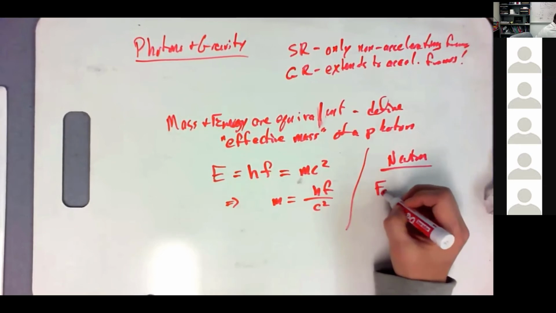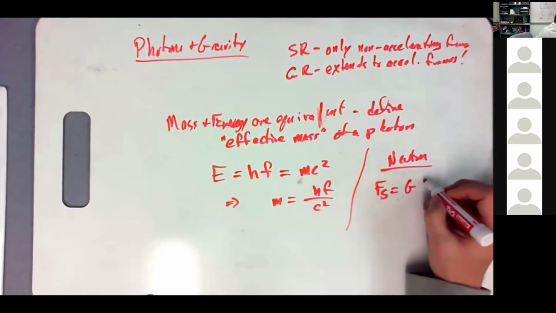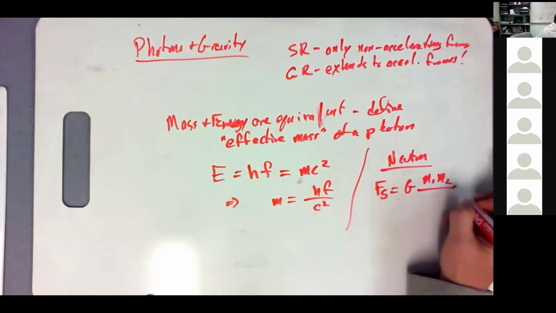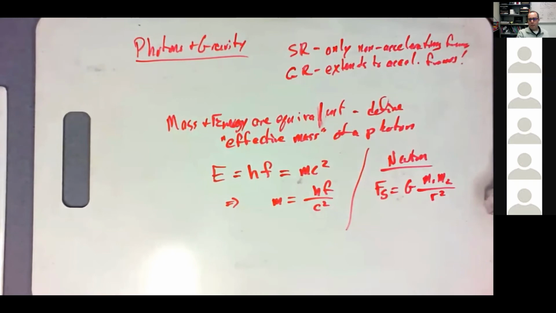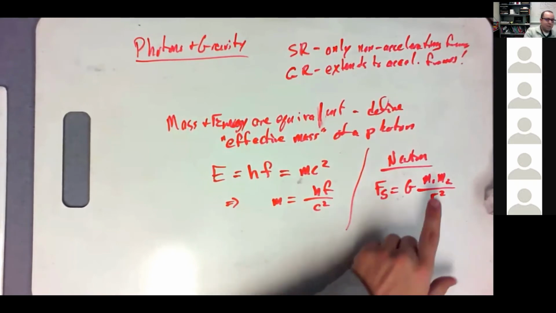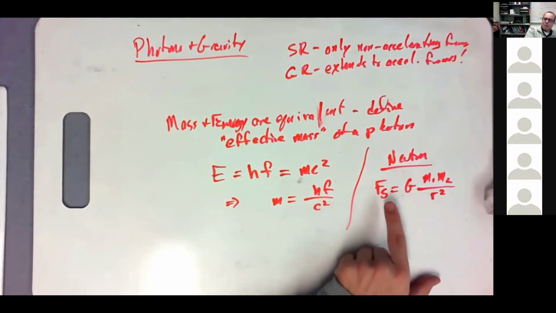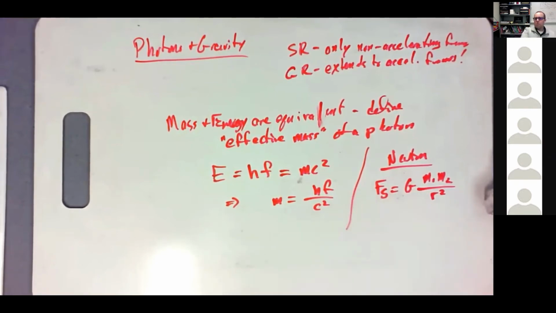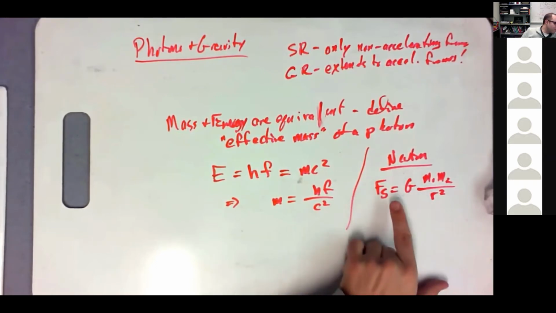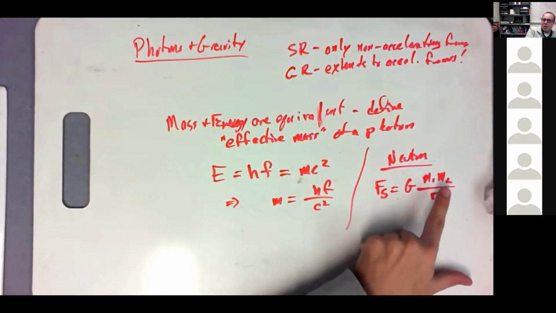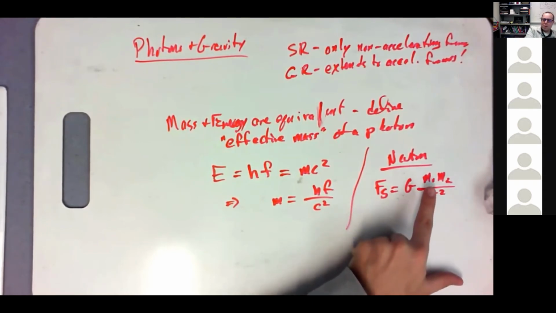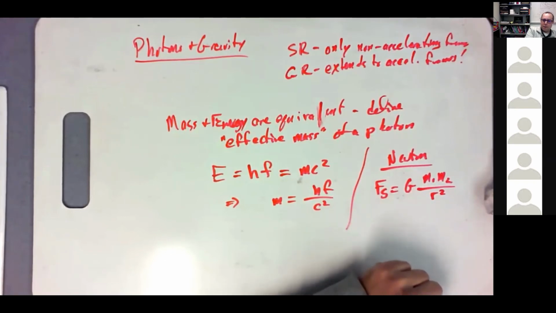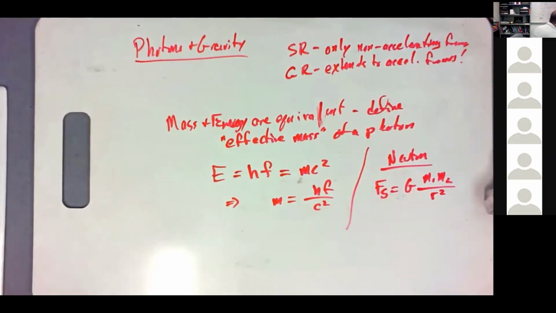According to Newton, the force of gravity is the gravitational constant times the mass of one object times the mass of another object divided by their distance squared. We'll call it r, right? So in the case of a photon, which has zero mass, Newton would say photons are unaffected by gravity. A photon could travel past a very massive dense object and would not experience any force due to gravity because its mass is zero. No matter what the mass of the other object is, if one of these is zero, it goes away. But Einstein says, not so fast.